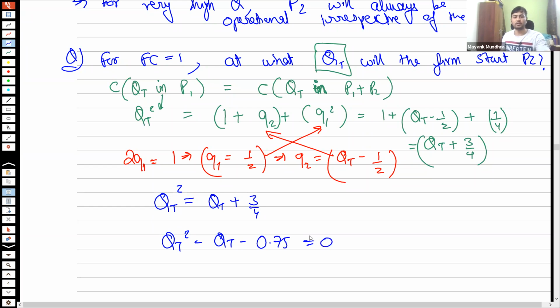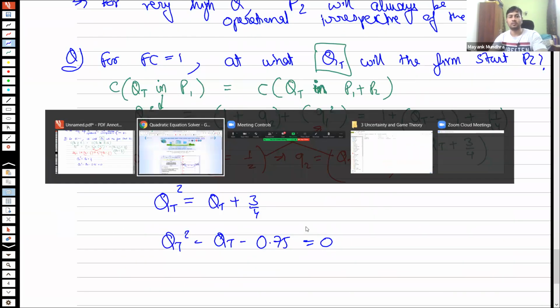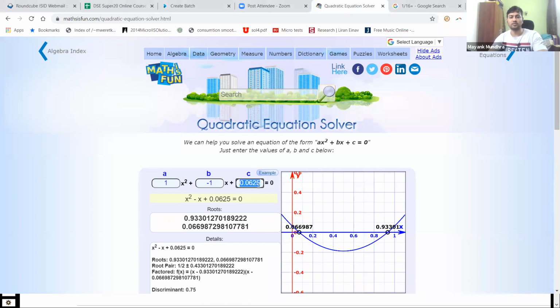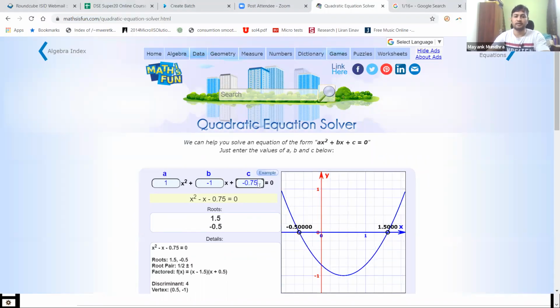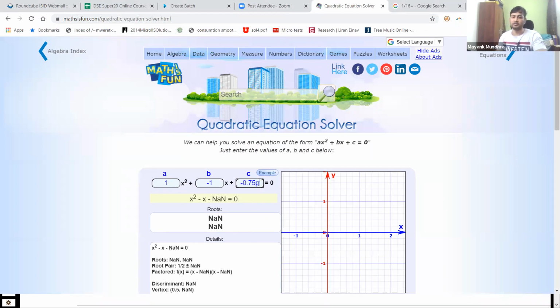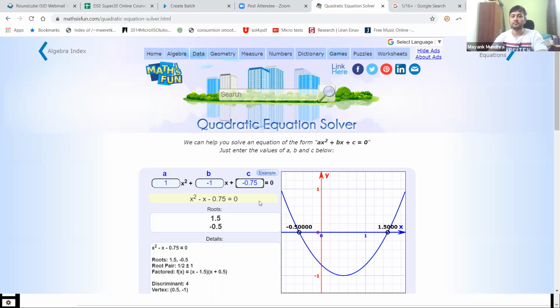I substitute that in my quadratic equation solver, with minus 0.75. So the roots are 1.5 and minus 0.5. Obviously 1.5 is the one I'm looking for.